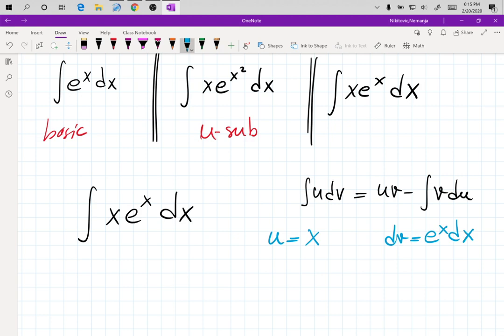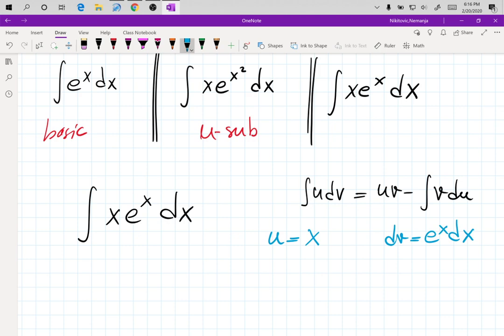And when you make a wrong choice, you will immediately know, because you are going to get a worse problem. Now, this is going to work out fine. And now you're going to see what happens when you make the right choice. When you make the right choice in an integration by parts problem, the new integral is easier or is possible. It's nicer. When you make the wrong choice, you will always make it worse. So that's how you know it's a wrong choice.